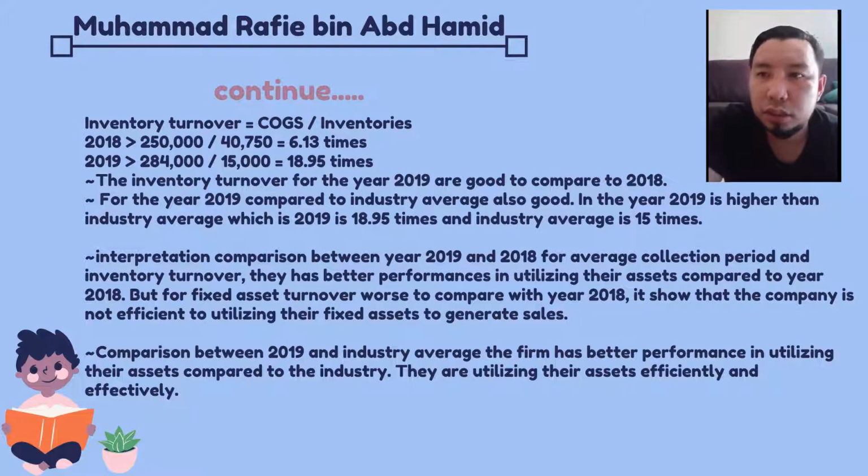So far, the interpretation of the comparison between year 2019 and 2018 for average collection period and inventory turnover shows better performance in utilizing their asset compared to year 2018.